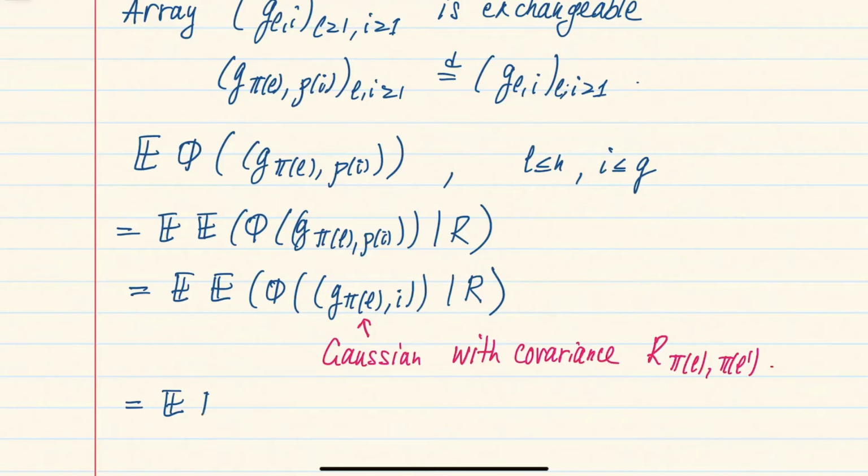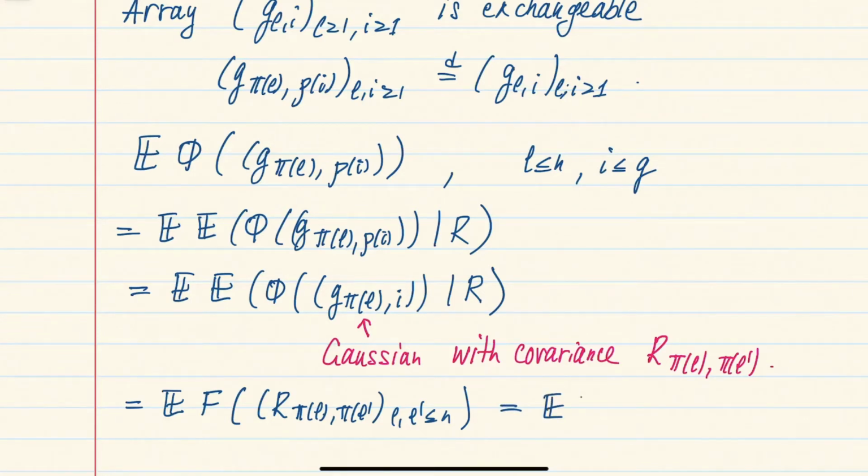So it will be some function of this covariance matrix. And of course then we use our assumption that this array is Gram-Definetti, so permutation of rows and columns gives you the same array in distribution.